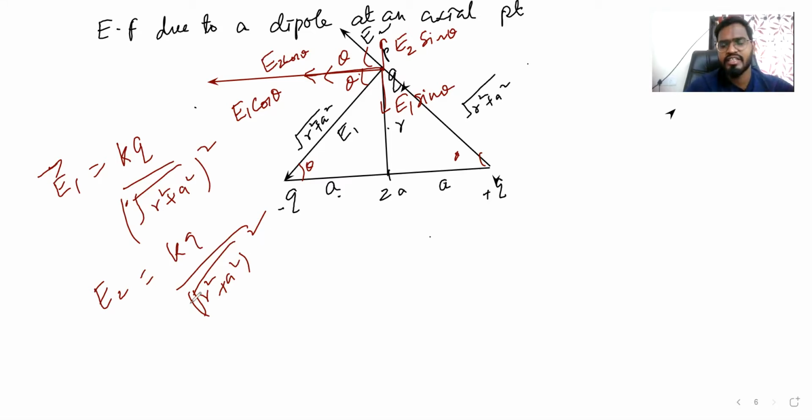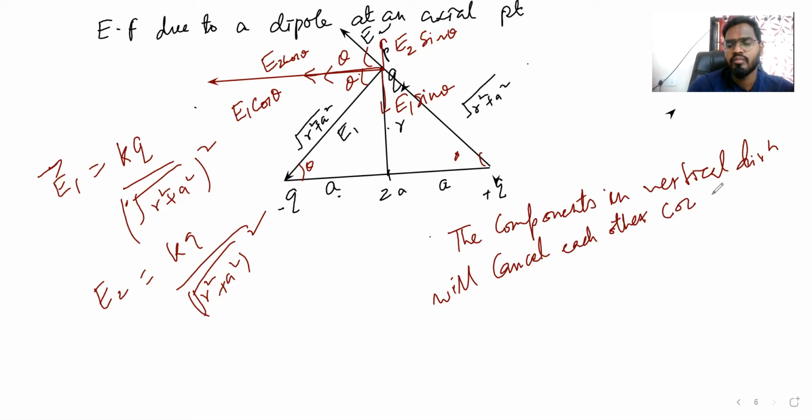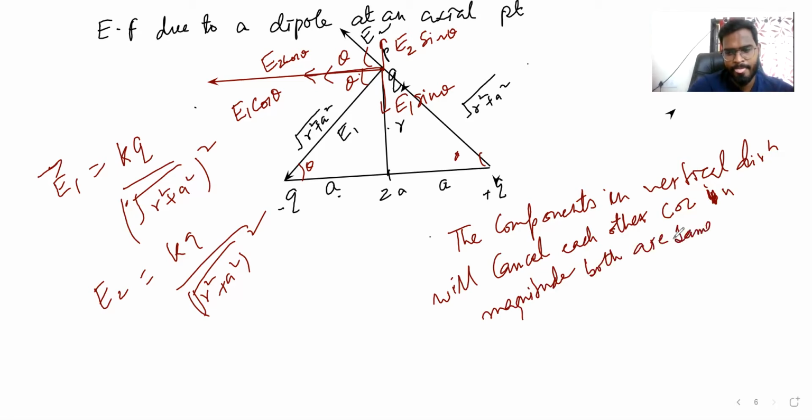If E1 and E2 are the same, with angles the same and magnitude the same, then the E1 sin theta and E2 sin theta components in the vertical direction will cancel each other, because in magnitude both are the same. So we are not going to consider them.